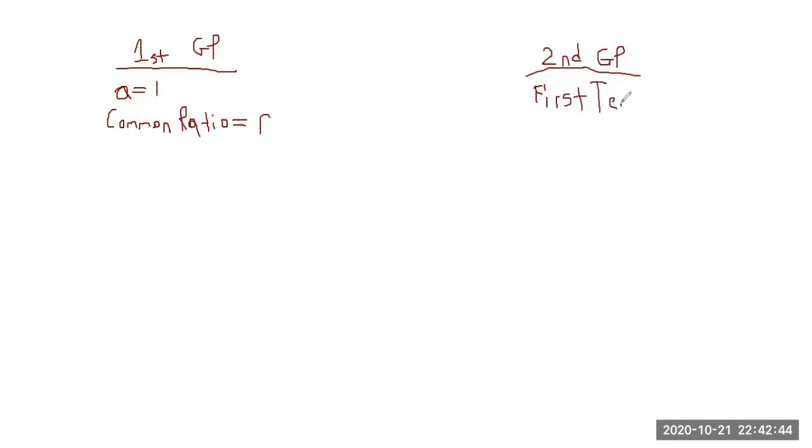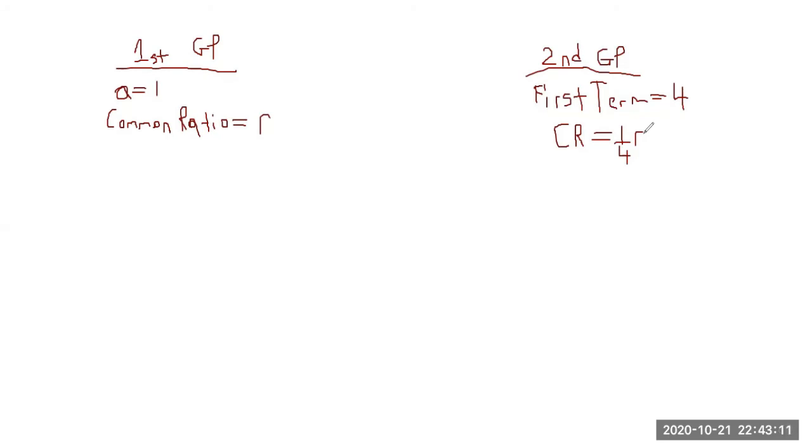I don't want to write a this time. And the common ratio, I'm just going to write CR, common ratio. So the common ratio is a quarter r.